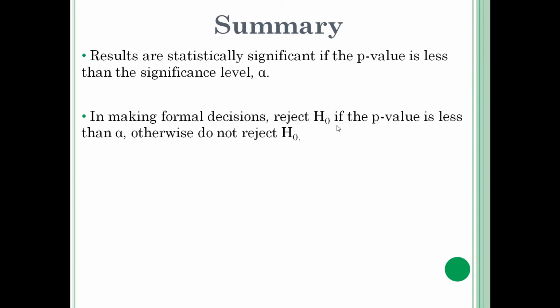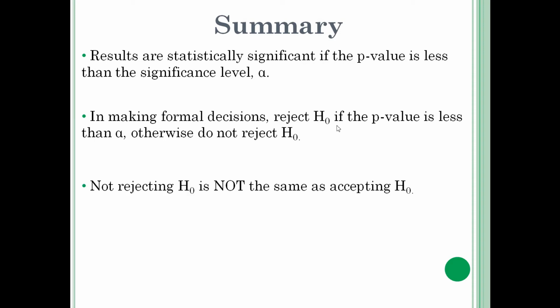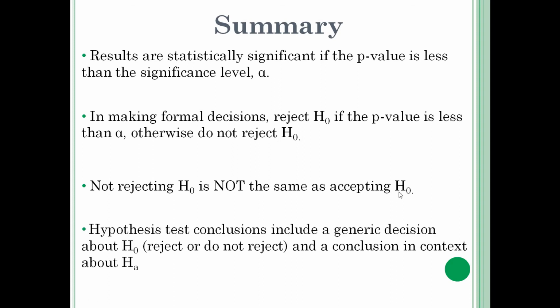We either reject the null or we don't reject the null. Keep in mind, when we don't reject the null, we don't accept it either. And finally, whenever we write the conclusion, we always want to make it about the alternative. So either we have enough evidence or we don't have enough evidence. And this concludes 4.3.